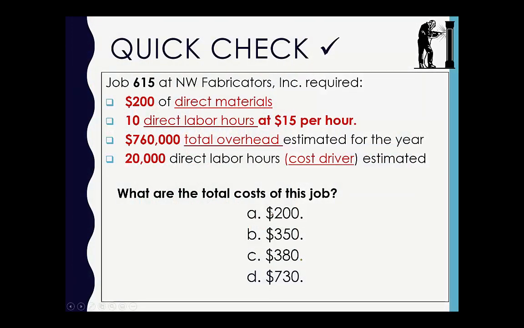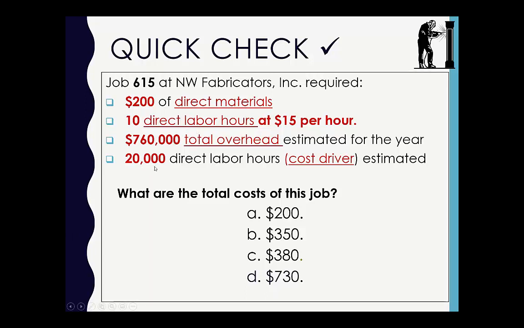So here I've got job 615 at this manufacturing place, and I've got $200 of direct materials that are going to go into making this piece part, whatever it is. 10 direct labor hours. We pay our labor $15 an hour. That's about minimum wage. And here's a kick: I am only going to give you the total overhead cost for the year, but I'll also give you the cost driver.